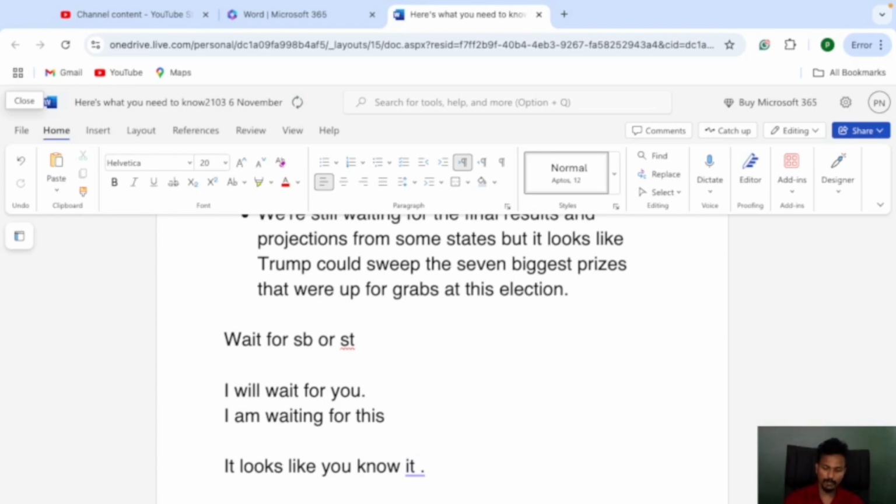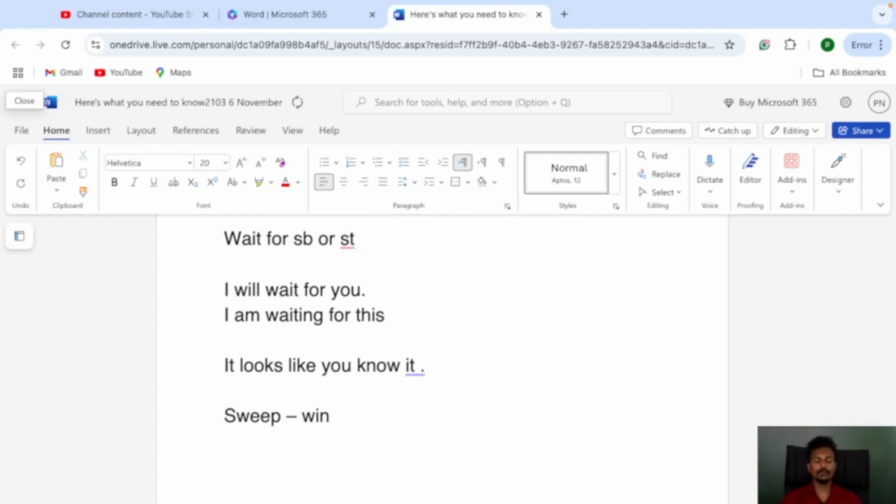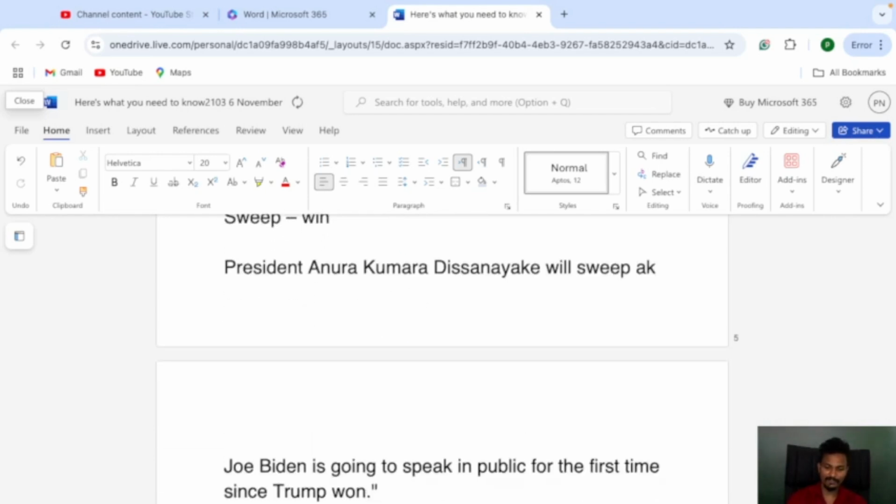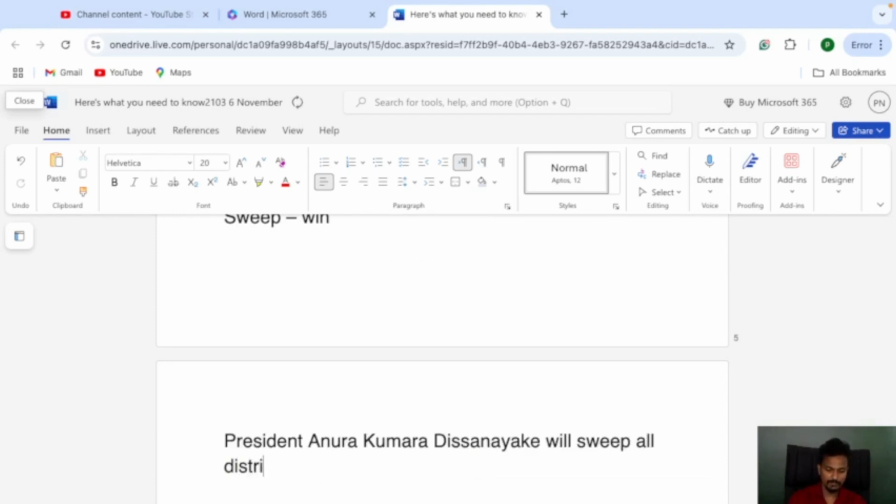So for example, President Honorable Kumar Dissanayake will sweep all the districts this time in the general election, right?